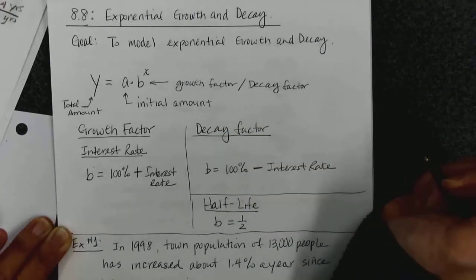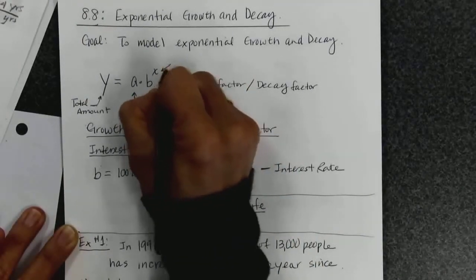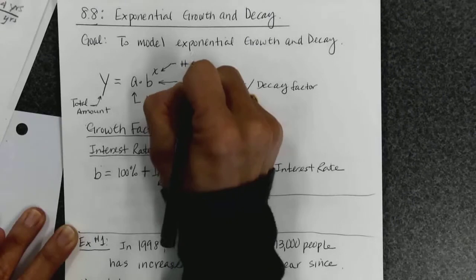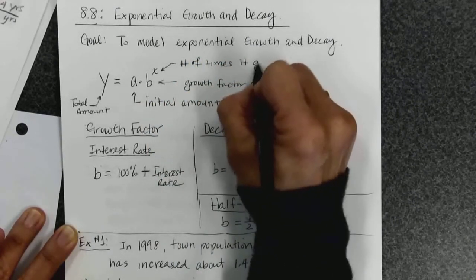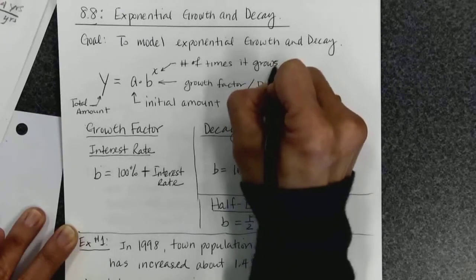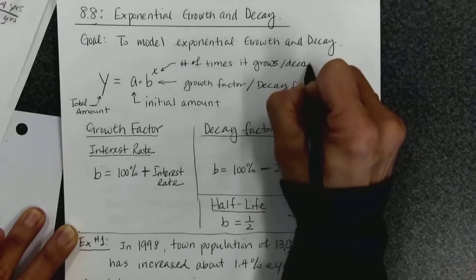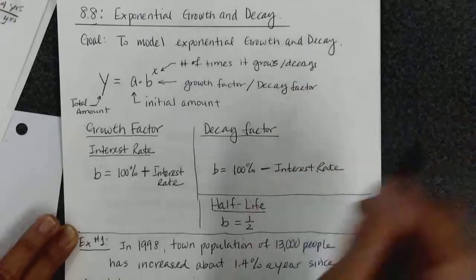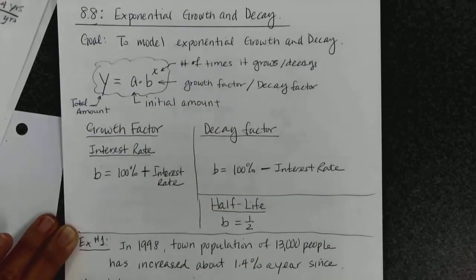So this tells you how something grows or decays. And remember, x was the number of times it grows or decays. So we're going to keep using this equation in this section today.